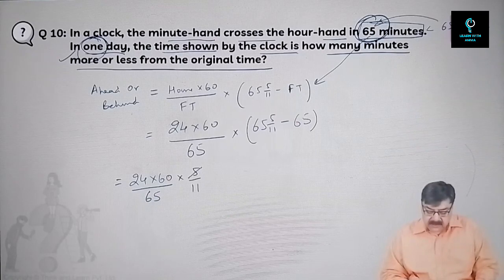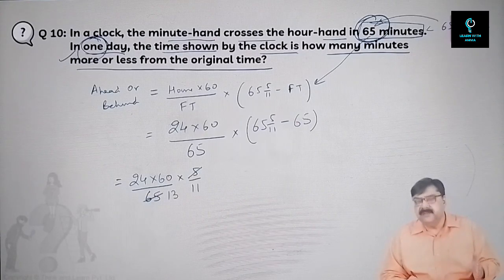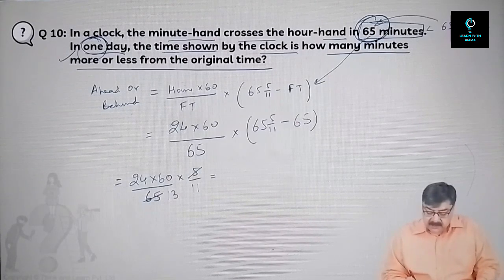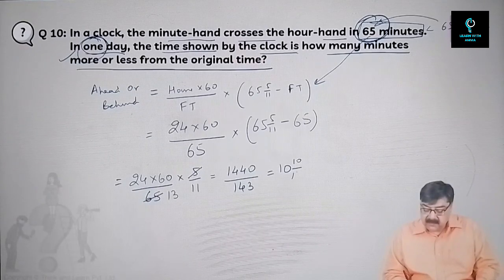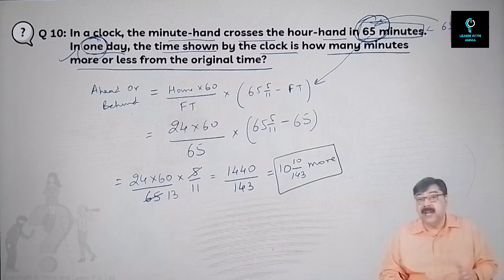So anyhow, this goes by 13. 13 into 5 is 65. And this becomes 1440 by 143, which is 10 by 143. So the clock will be these many minutes more or ahead of the actual time in 24 hours.